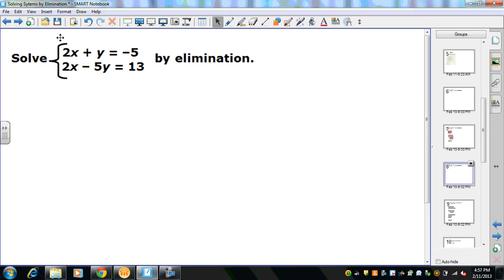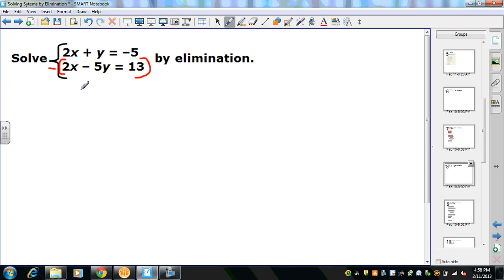So here we have 2x plus y equals -5, and we have 2x minus 5y equals 13. Looking at this right now, there's nothing that I can just automatically cancel out, okay? However, what I can do is look at this bottom one right here. If I multiply everything in here by a negative, I'm going to change every single part of it.